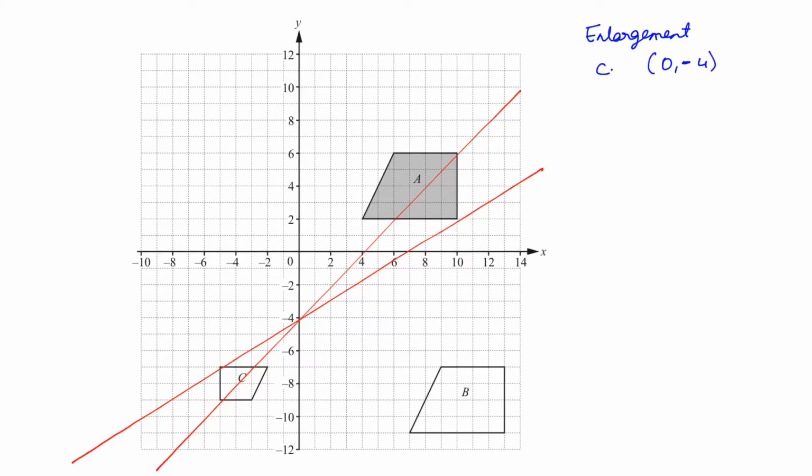Now we need to find the scale factor. Let's look at the length of the vertex of the side. The height is 1, 2, 3, 4, 4 squares, and we have height 2. So the scale factor is half. But because it is on the other side of the lines that we have drawn, it will be negative half.